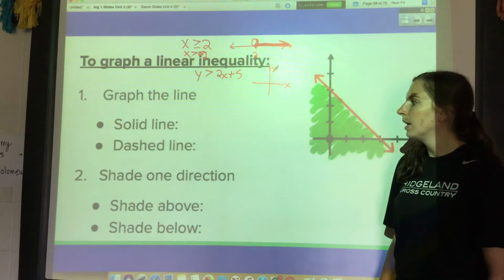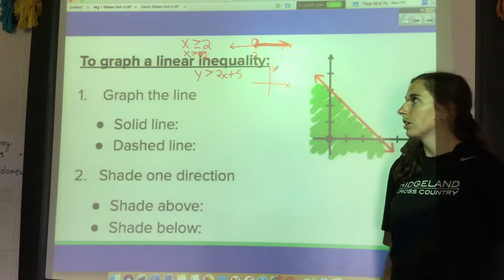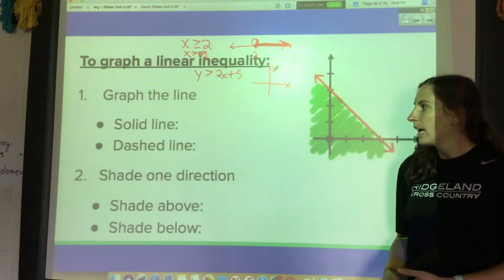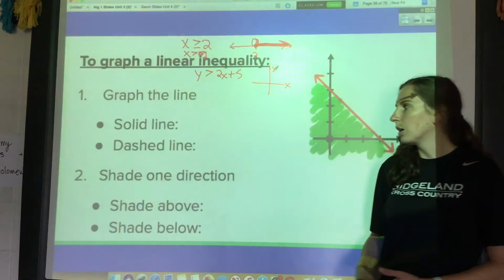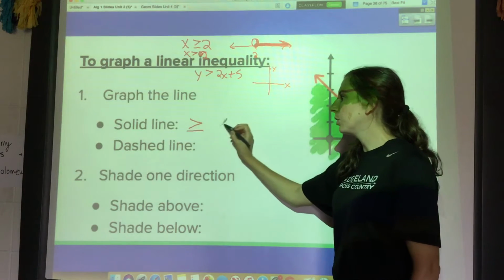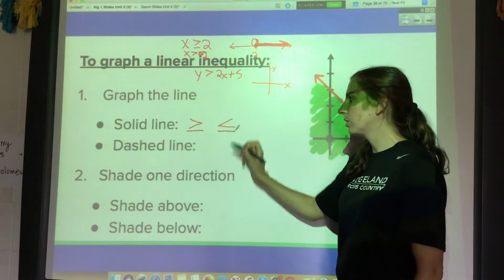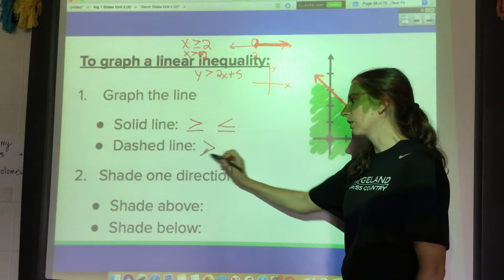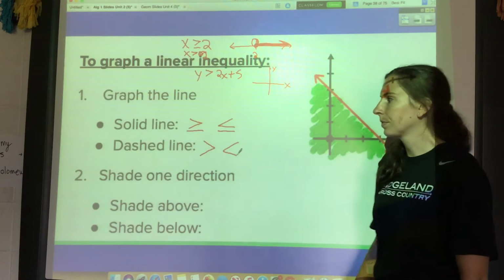This is going to work pretty similar to inequalities with one variable. You're going to do a solid line if it's greater than or equal to or less than or equal to, and a dashed line if it's just greater than or less than.